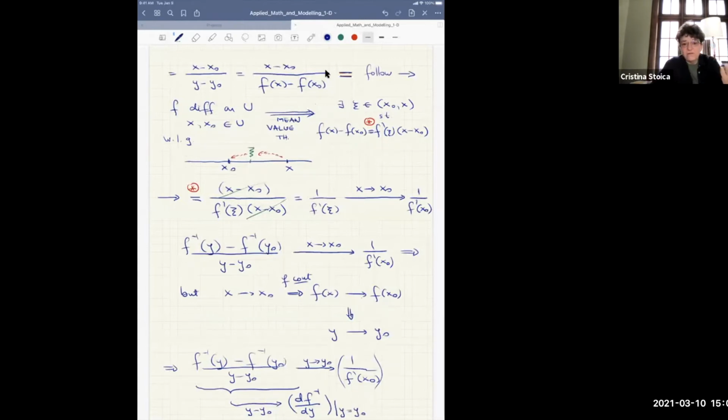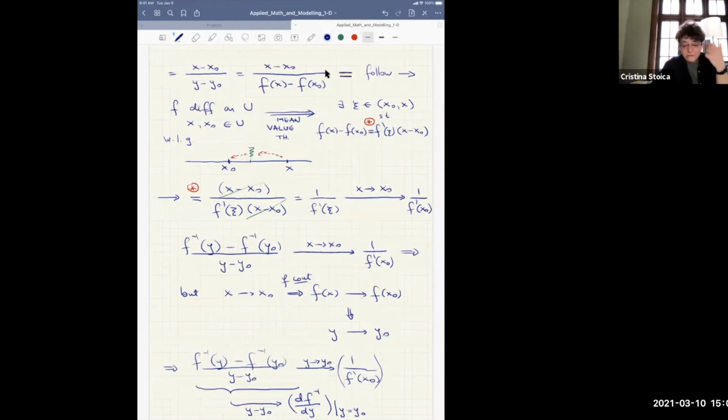So the derivative of f minus 1 at y naught is 1 over f prime of x naught. Okay, guys? So this is the proof for the 1D case, or anyhow, ideas of proof, because it's not completely clean, but that's how the flow goes.